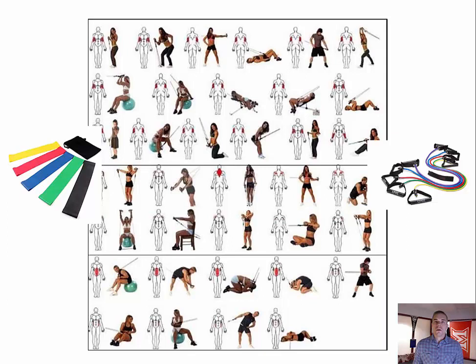So another low-cost alternative resistance training method is the use of resistance bands. Many of us are familiar with resistance bands and some of the exercises that we can use these bands for. But you can see it can be in a variety of exercises targeting the major muscle groups in this slide here.